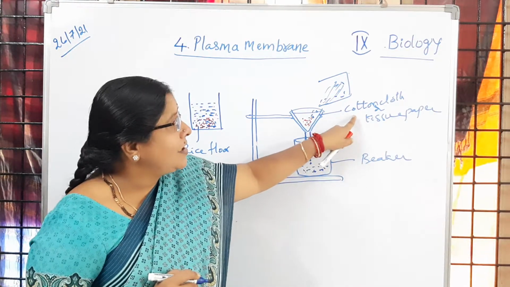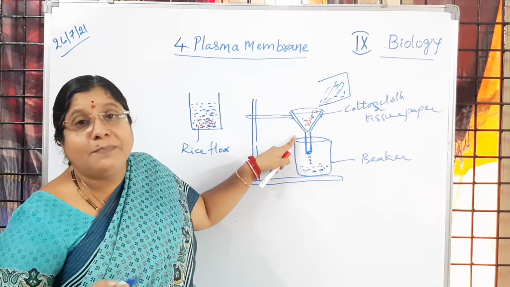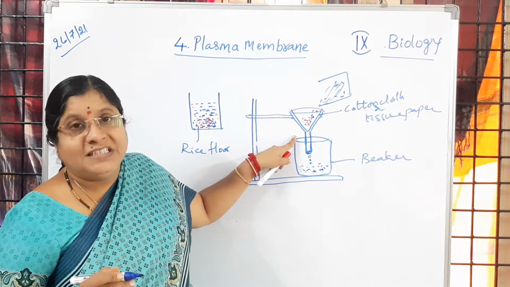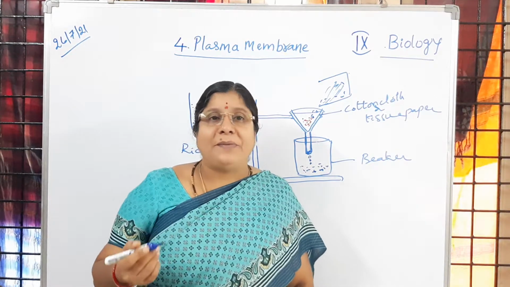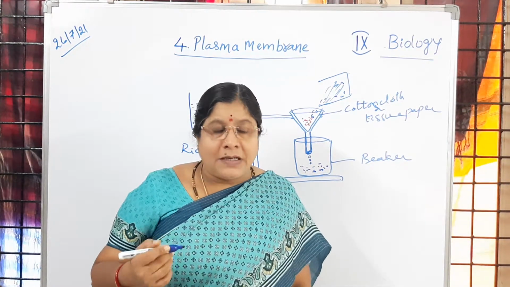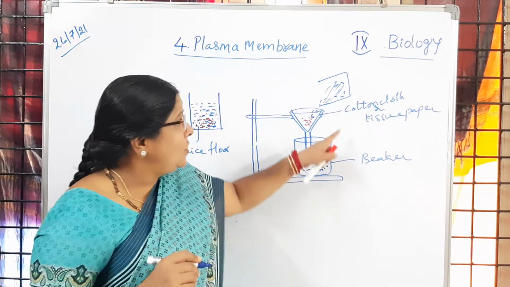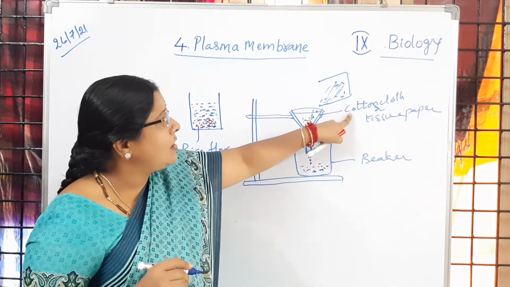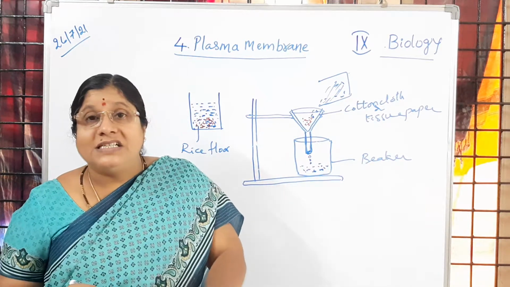Here the cotton cloth or tissue paper which we have kept in the funnel is acting as a plasma membrane. Is it not? Plasma membrane or selectively permeable membrane, that is the cell membrane. So cell membrane or plasma membrane.